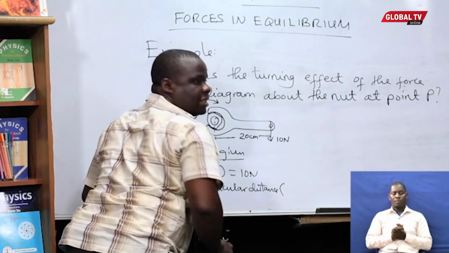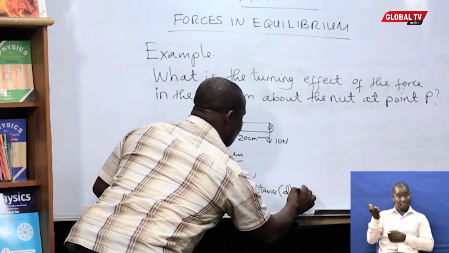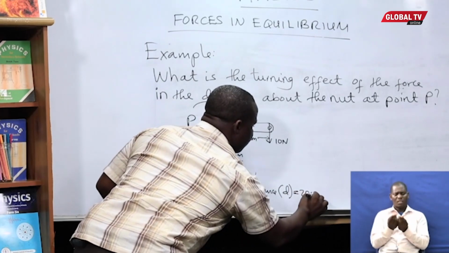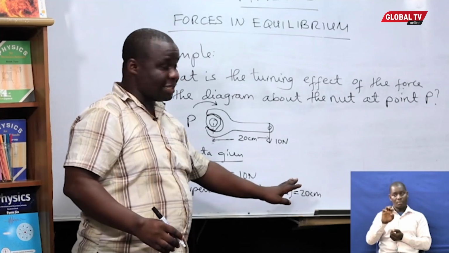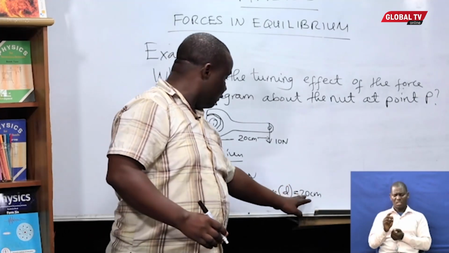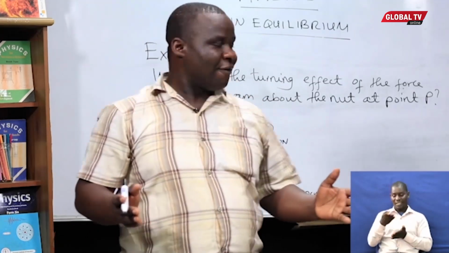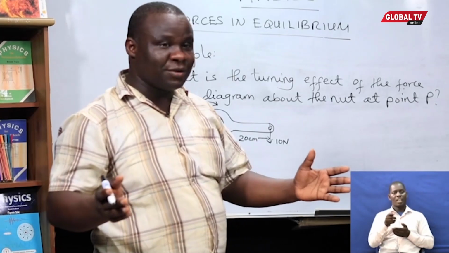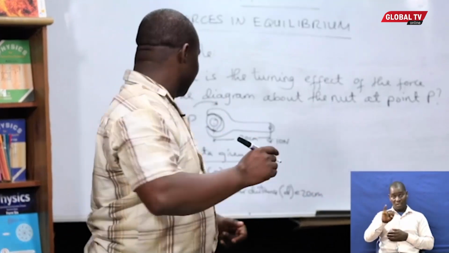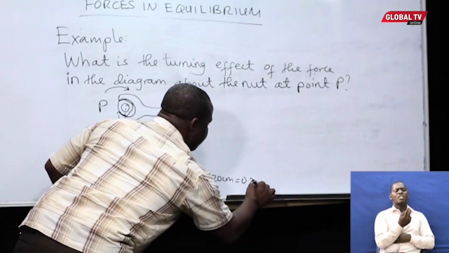We can write its symbol as D equals 20 centimeter. But this 20 centimeter is not the SI unit of this quantity. Dear student, you remember? Now we have to change this into its SI unit. 20 centimeter equals? Yes, good, 0.2 meter.